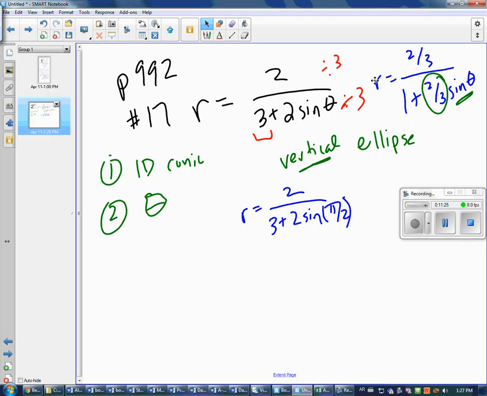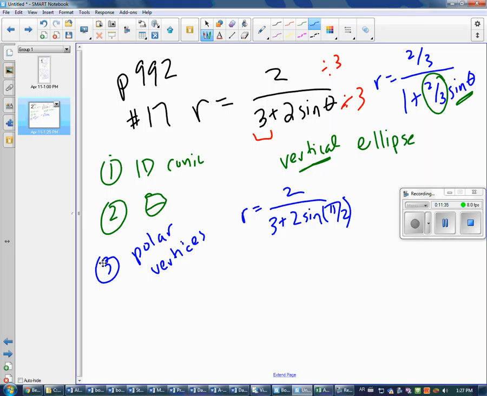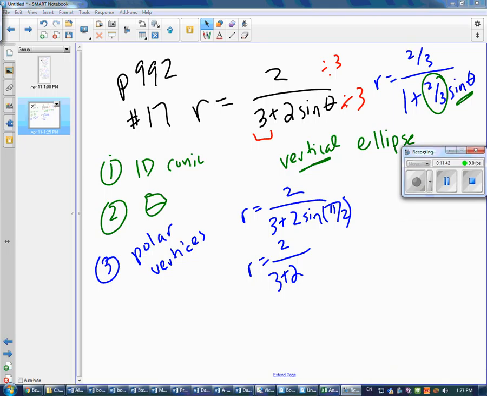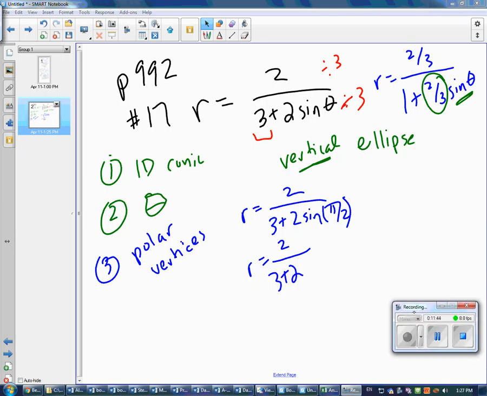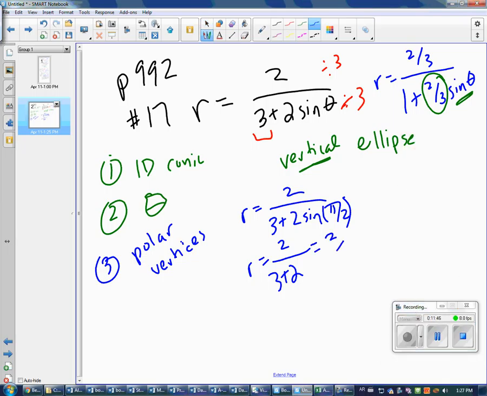That'll give you your polar vertices. So we have 2/5 pi over 2, and then we're also going to do 3 pi over 2 as a theta value.